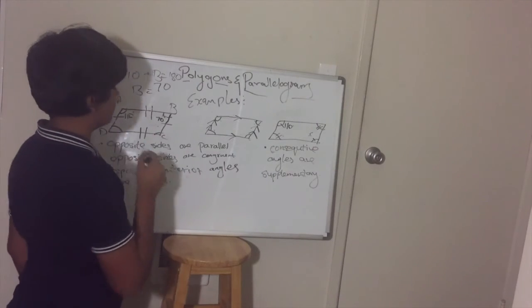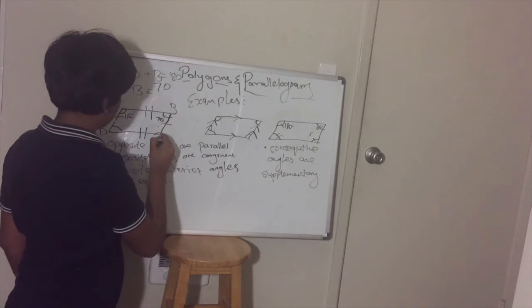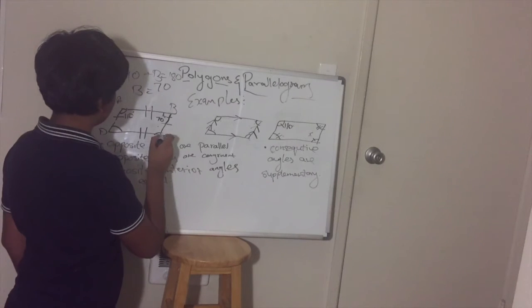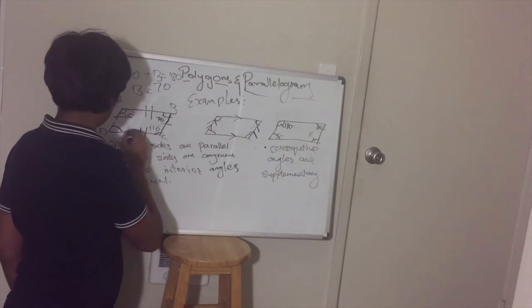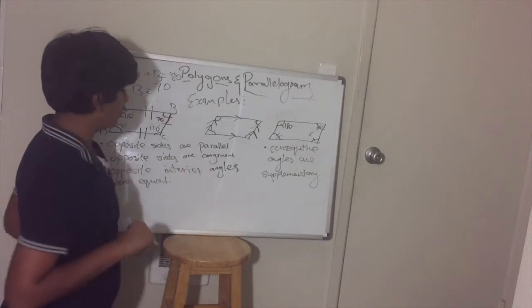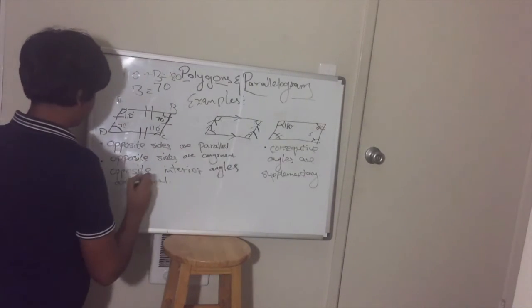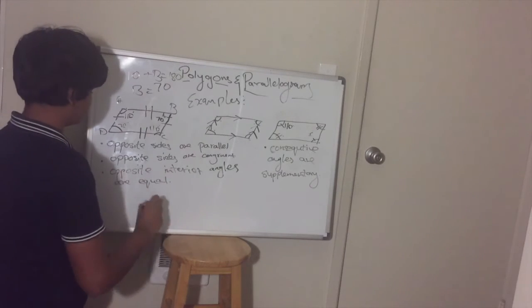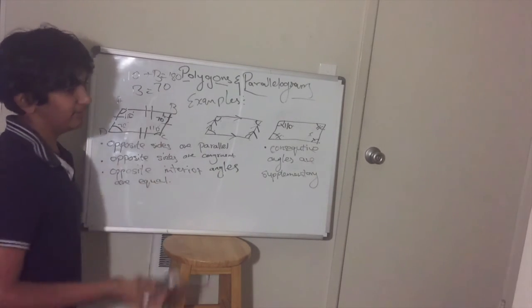You do angles C and D in the same way: 70 plus angle C is 180, so angle C is 110, and 110 plus angle D is 180, so D is 70. If you observe closely, according to the third point, opposite interior angles are equal: 110, 110, 70, and 70.